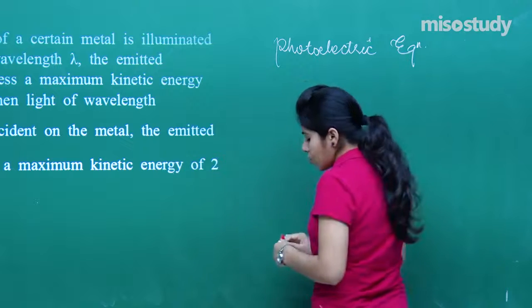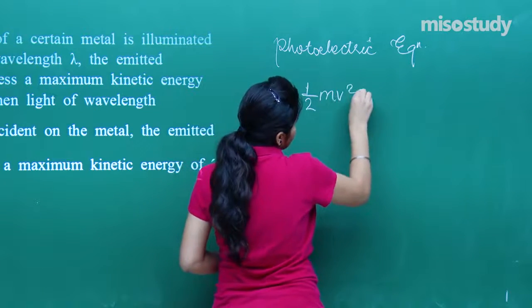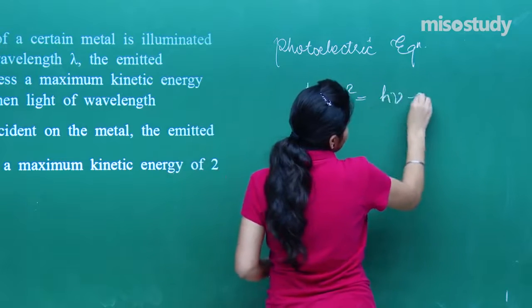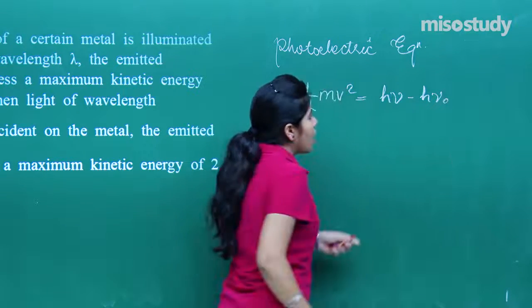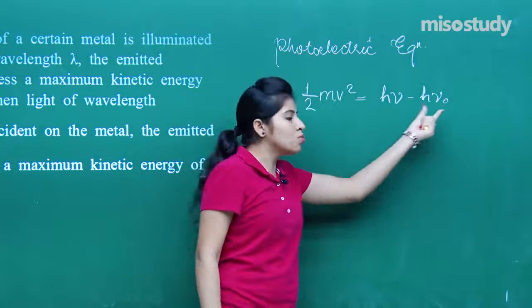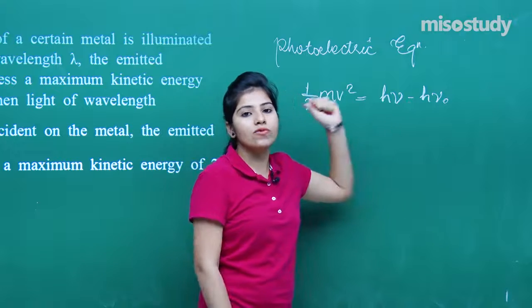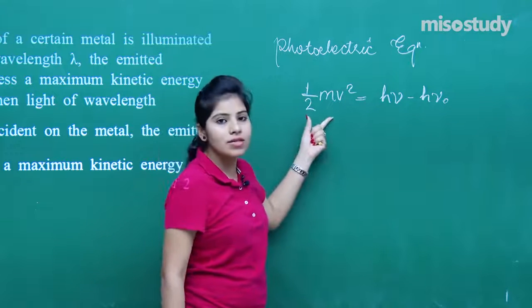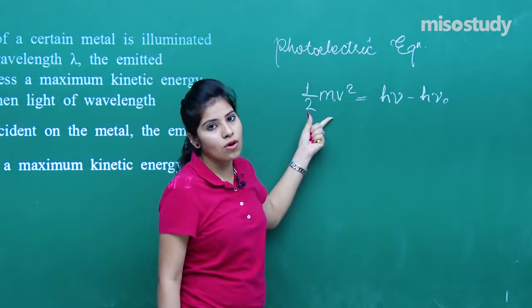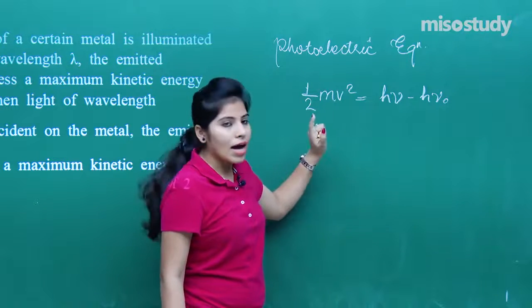Einstein's photoelectric equation says that half mv square equals h nu minus h nu naught. Earlier I was writing eV naught equals h nu minus h nu naught. eV naught was the kinetic energy in terms of stopping potential, and here this is the kinetic energy in terms of velocity, that means half mv square. So this is the maximum kinetic energy.